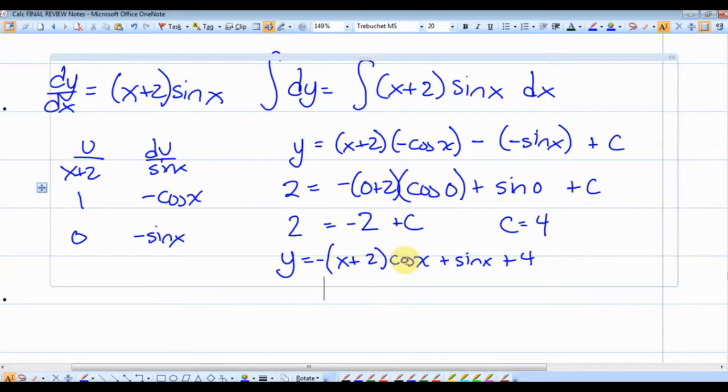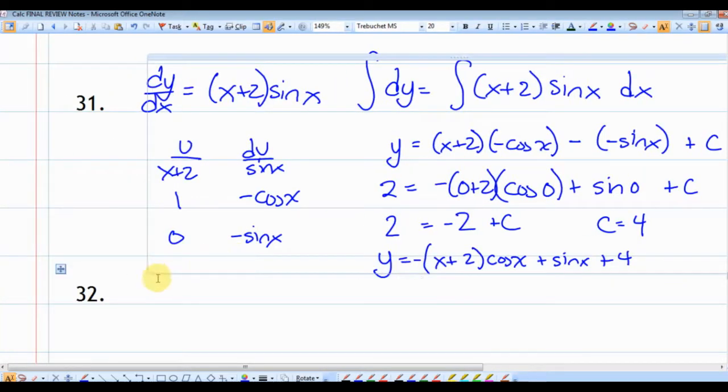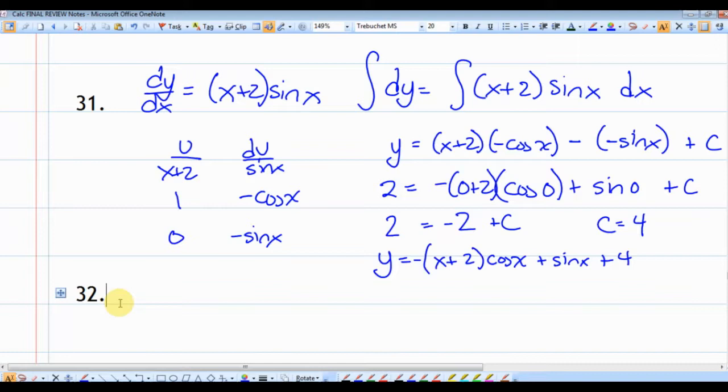It says to explain what is wrong with this. You can do it right rather than explaining how to do it wrong. Let's explain. It's the brackets.